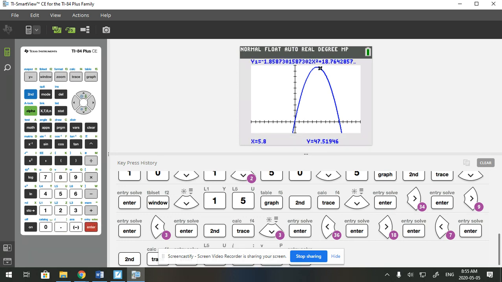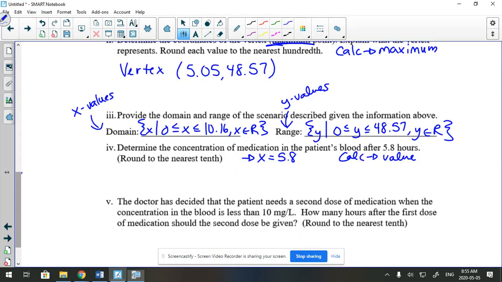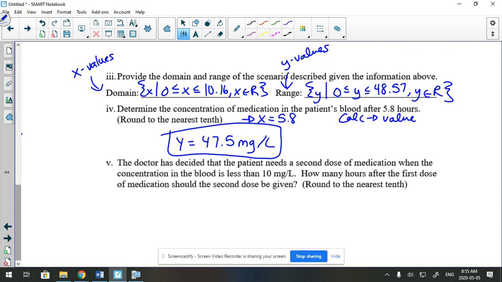I hit enter, and you can see it gives you your y value, or your concentration. It's going to be 47.5. Make sure you include units if they are applicable to the question. I haven't been taking marks off for that, but it is something you should be aware of.